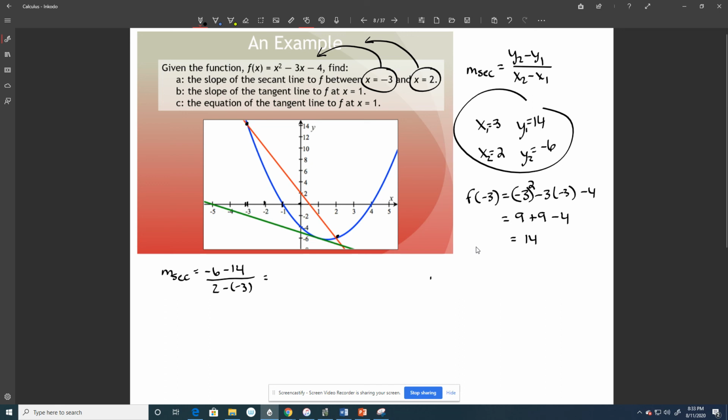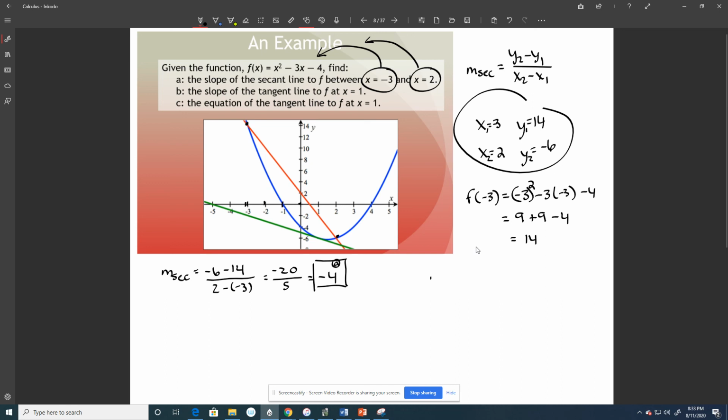So -6 minus 14 is -20. 2 minus -3 is 5, which simplifies to -4. So this red line right here, my slope between those 2 points, my secant slope is -4. So that's part A.